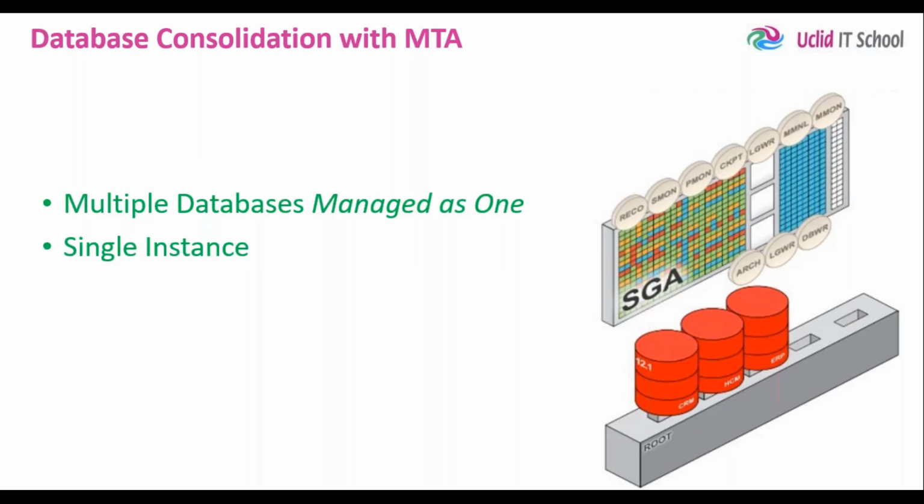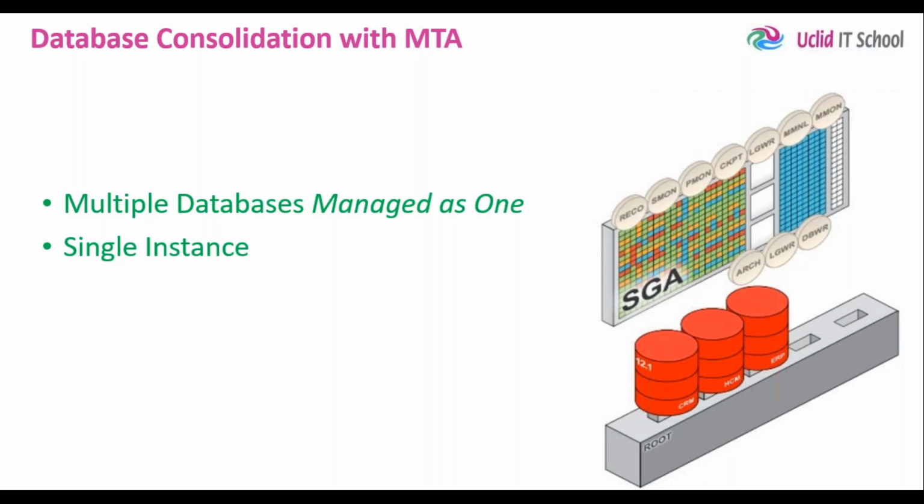So another slide which shows the container database. You have multiple databases managed as one, but a single instance, all sharing this single instance. So when you consolidate, there is sharing of resources. Many resources are shared. Of course, though they are shared, you can control the amount of resources that can be used by a database.